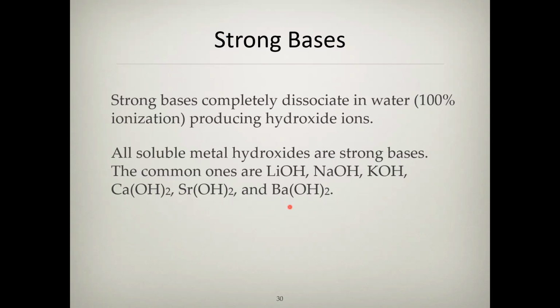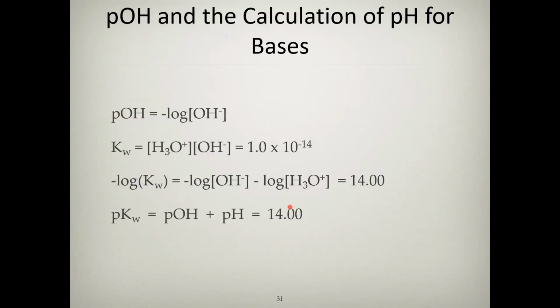But with them, these are going to be our 6 strong bases because they're going to completely dissociate. And with this, we kind of already saw it with one of the previous ones. So pOH is just going to be equal to the negative log of the hydroxide concentration. I kind of had that reversed.